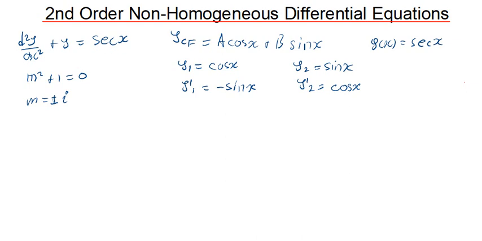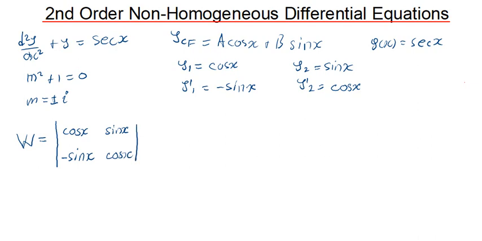So going to the Wronskian, which is W, it is going to be equal to the determinant, of course. Our y1 is cos x, then y prime of 1 we have found is minus sine x. Then our y2 is sine of x, and our y prime of 2 is cos of x.